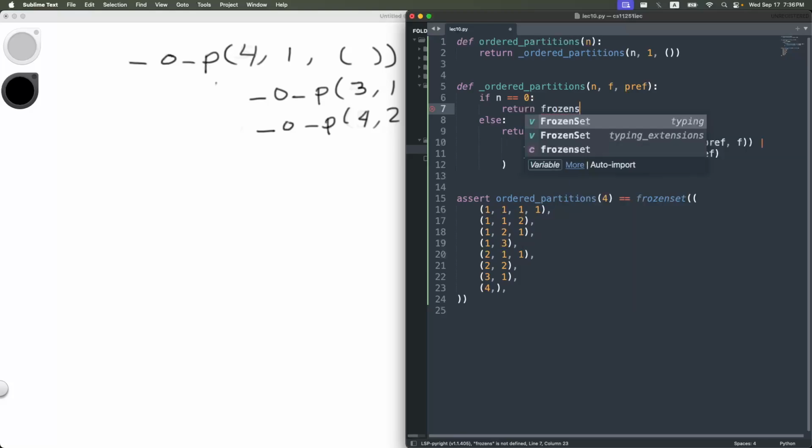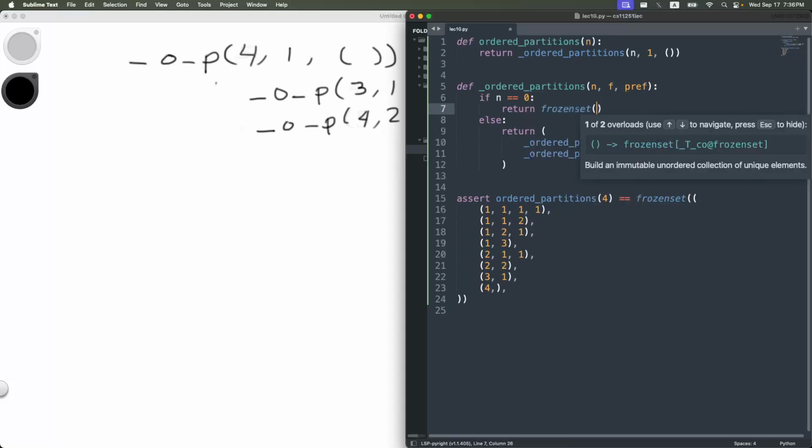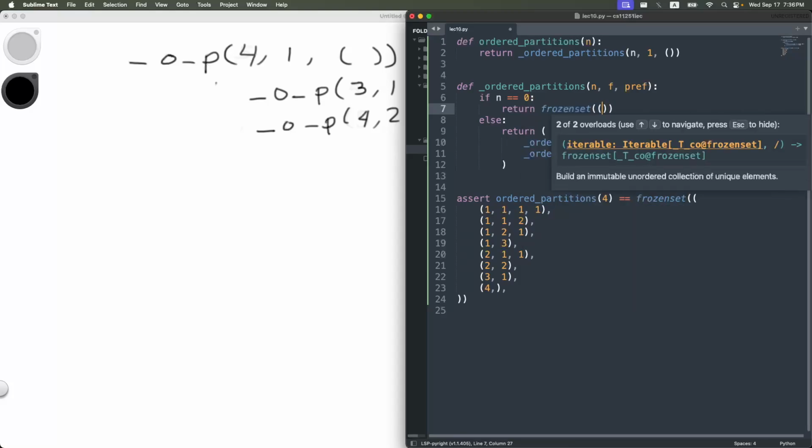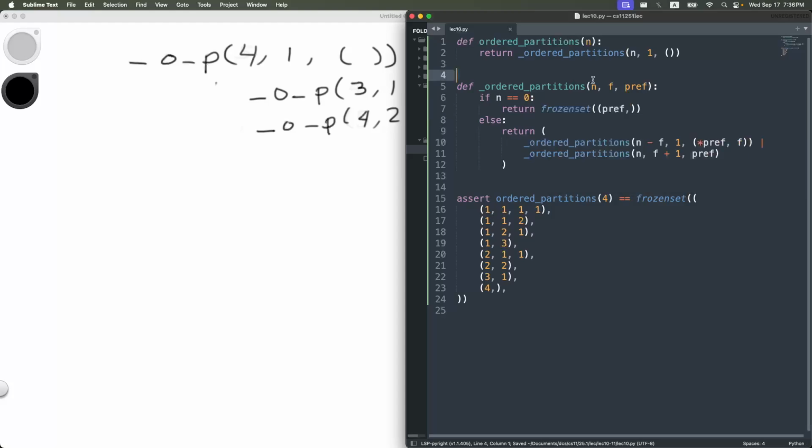Return a frozen set containing just pref, since this would be one of the partitions.